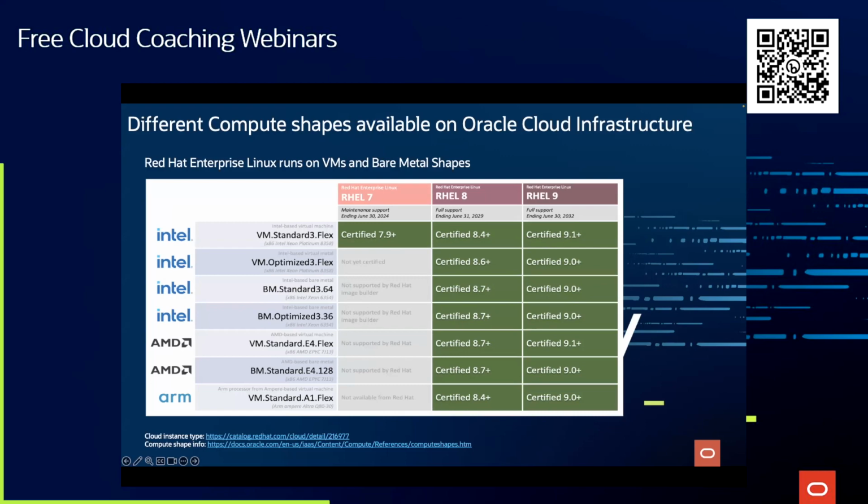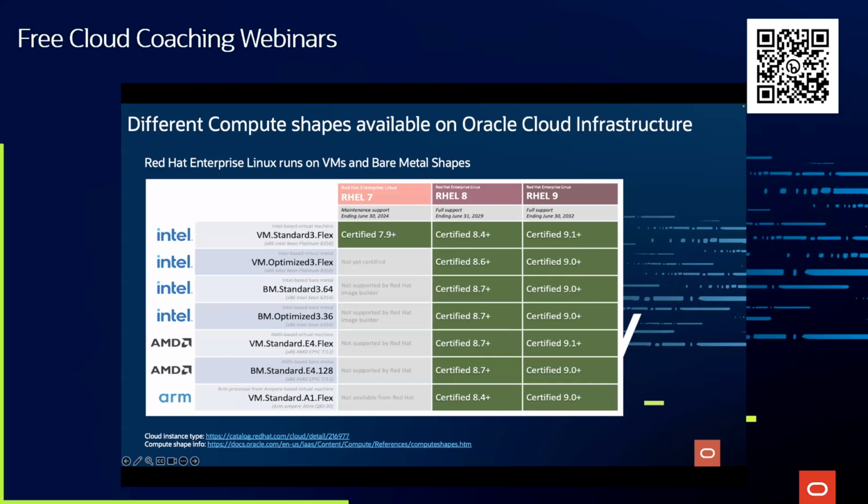Okay, first of all, if you look at the picture that I'm sharing on the screen, you see there are different what Oracle calls shapes for you to run your environment on. Let me explain a compute shape, for example, this VM Standard 3 Flex or VM Optimized or a BM. These compute shapes are templates that determine the number of cores and memory that are allocated to an instance.